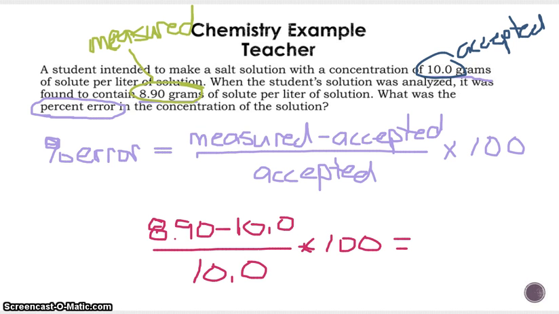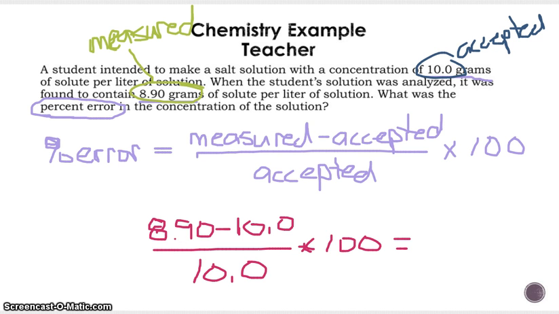Now, before I go through and plug these in, we still always need to make sure we're worried about our significant figures. So if you look at both of our values here, the 10.0 and the 8.90, both of those have three significant figures in them. So if they both have three significant figures and we are dividing here, that tells us that our answer needs to have three significant figures in it.